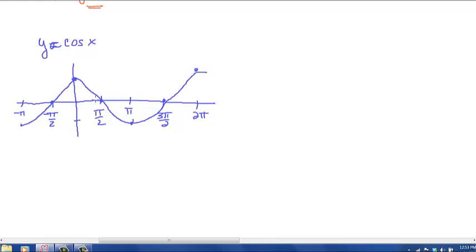Okay, so now, again, I can't restrict this one from negative pi over 2 to pi over 2 because that piece of the graph wouldn't be 1 to 1. So I'm going to restrict from 0 to pi. So my restricted domain will be from 0 to pi, and again the range is still from negative 1 to 1.